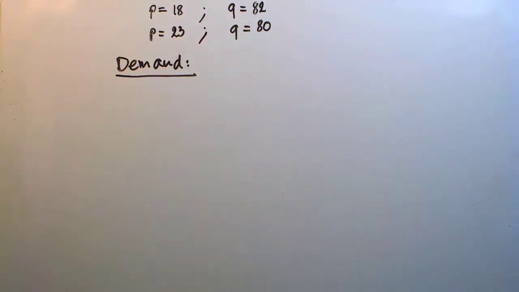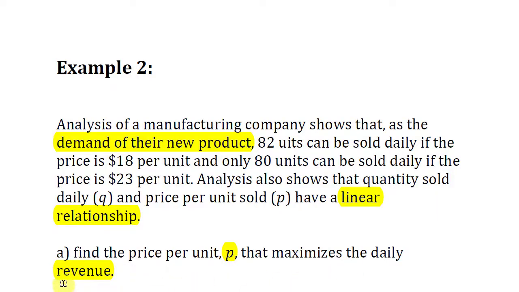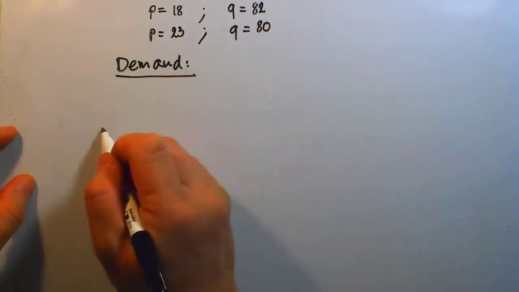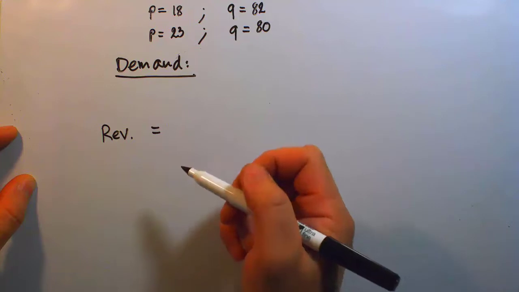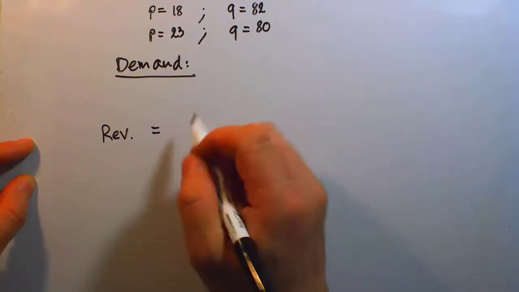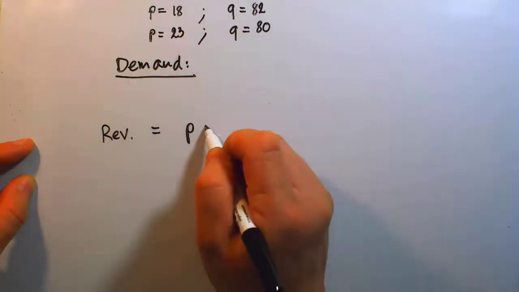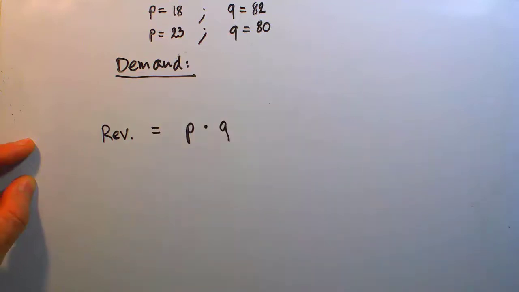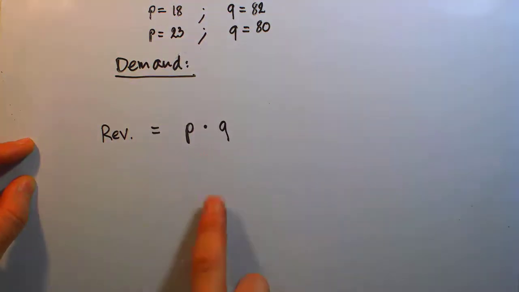Now let's look further into the question: we want to find the daily revenue, and the only rule of thumb we have to nail down is revenue equals price times quantity Q. Allow me to start using shorthand notation here.